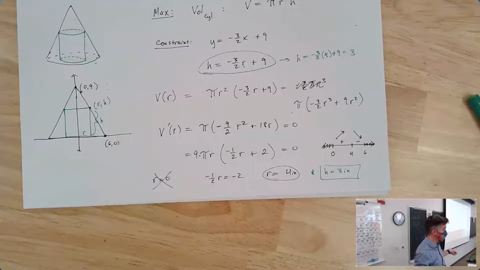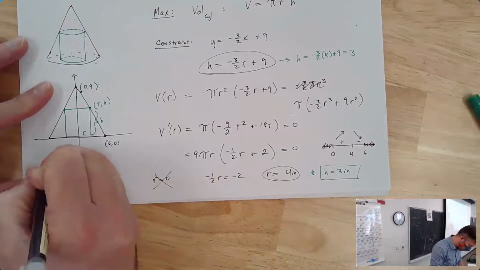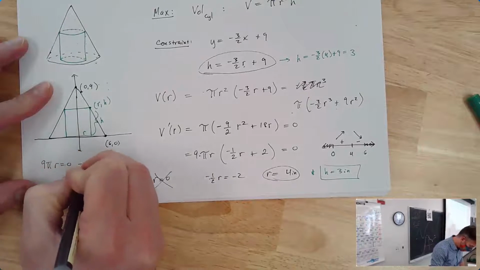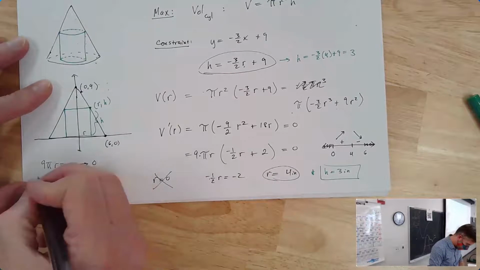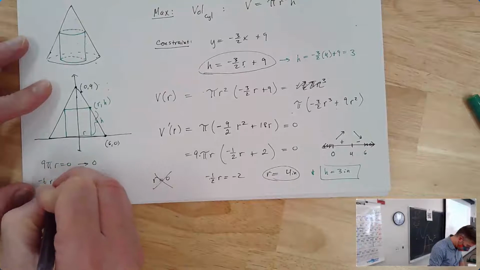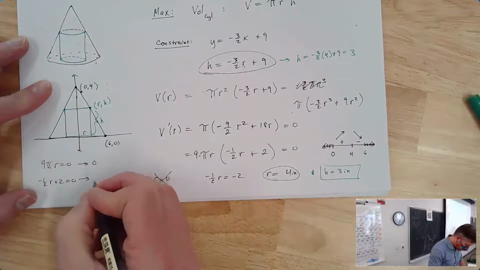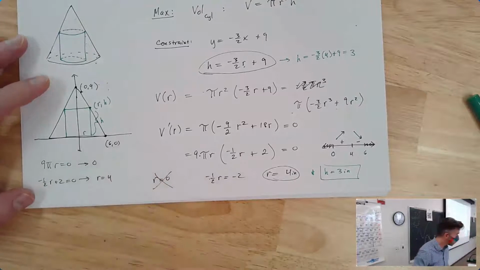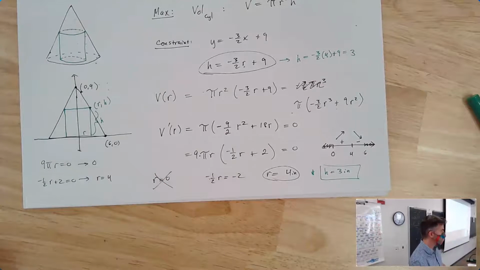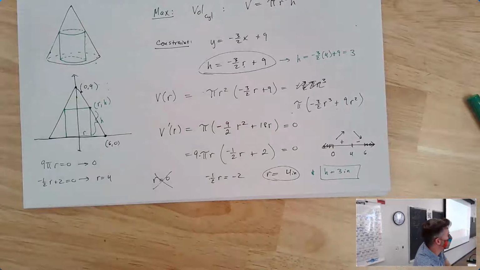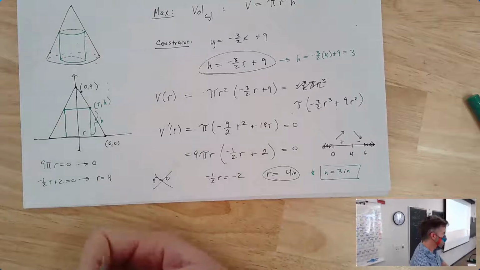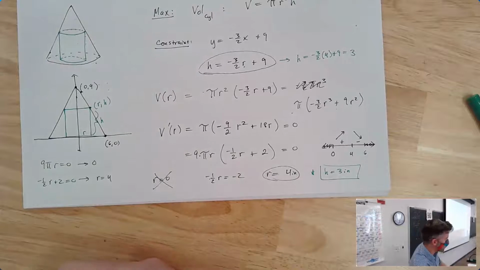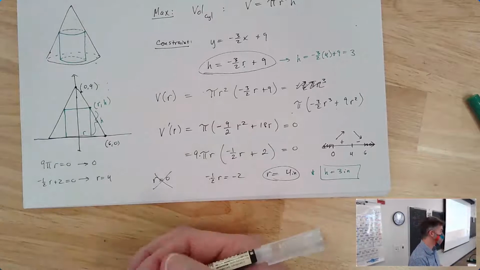It's definitely going to give us 0 volume. But technically we should say each factor equal to 0. Setting this factor equal to 0 gives us r equal to 4. It's important, if the problem asks to take into account everything, to observe all of the critical values, even if they are not really sensible answers.